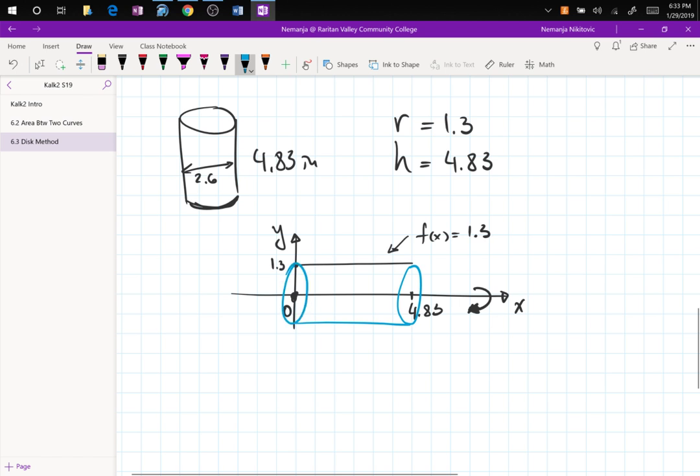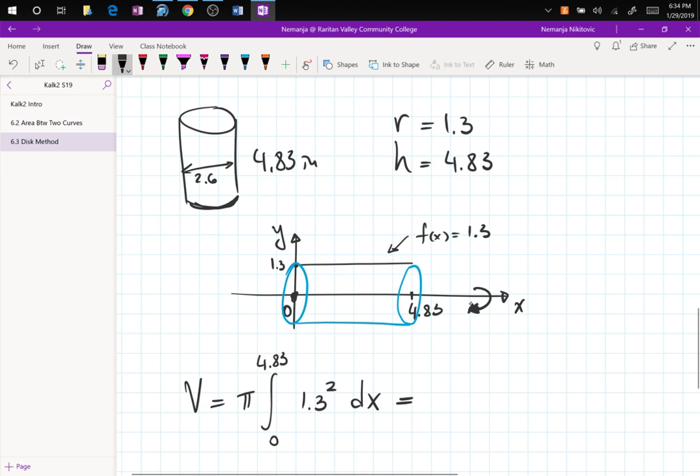Now, to create the integral for this, the volume of the Coke can is going to be pi times the integral from 0 to 4.83 of the function 1.3 squared dx. That's it. You take the function. This function is a constant function, 1.3, so it's very, very easy. We'll take some spicier examples from the book.